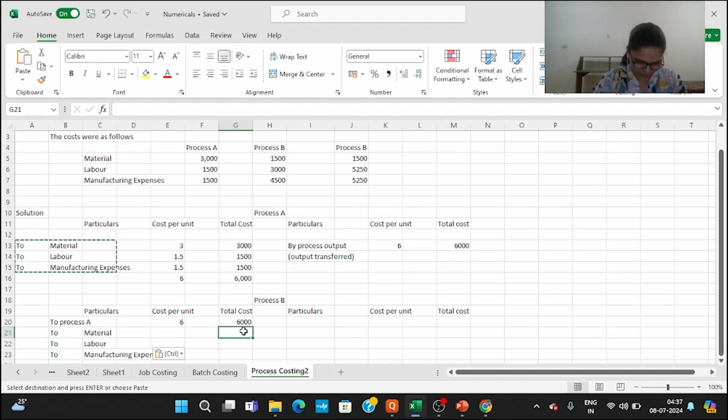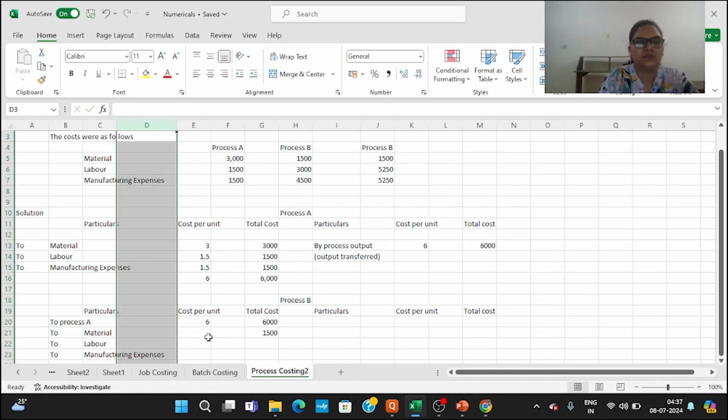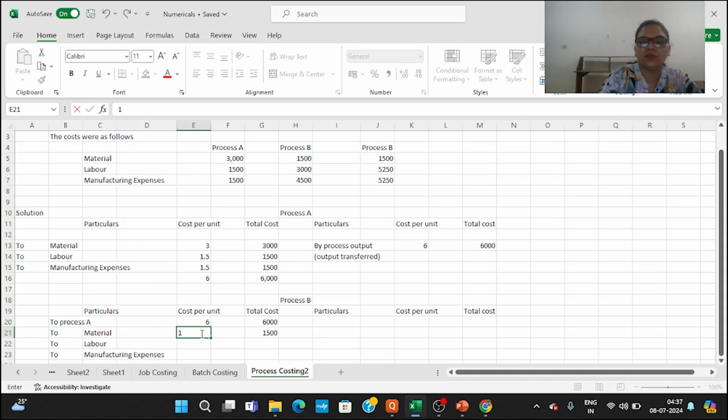Material is 1500 again in the question, and cost per unit will be again divided by 1000 units, 1.5.